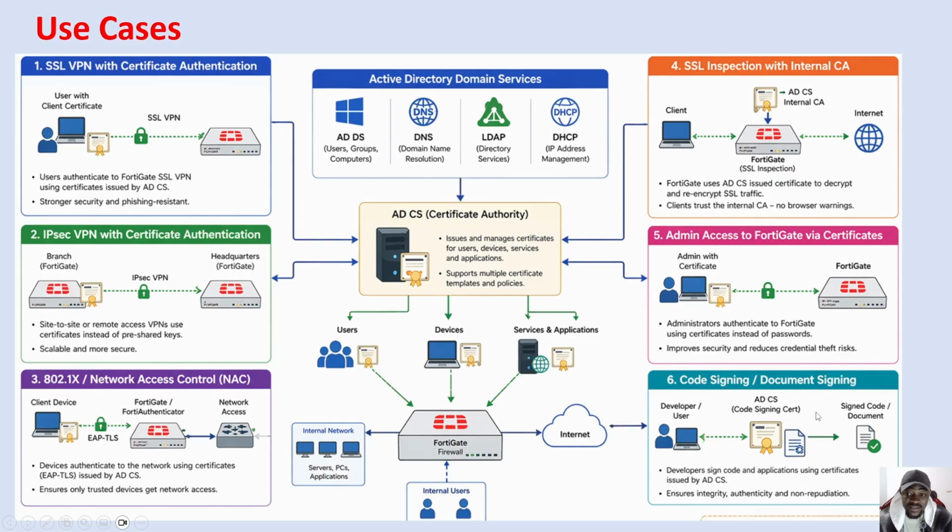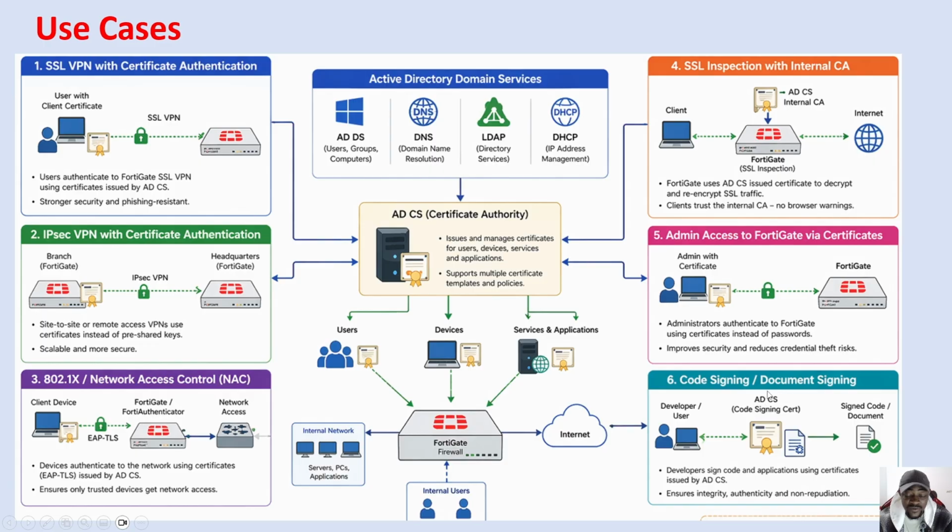Then there are other use cases that do not rely directly on the FortiGate devices. Here, for example, if you want to use certificates for code signing or document signing, you can also use ADCS to provide those certificates.